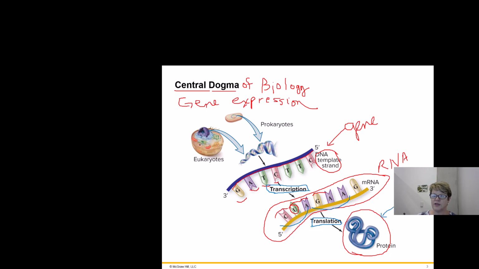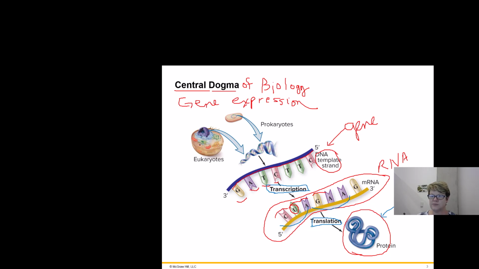Each RNA would have a different sequence of nucleotides based on the sequence found in the gene, and that tells the ribosome how to build the protein. Remember that ribosomes are the organelles that build proteins. They connect amino acids together by dehydration synthesis, and that builds proteins.